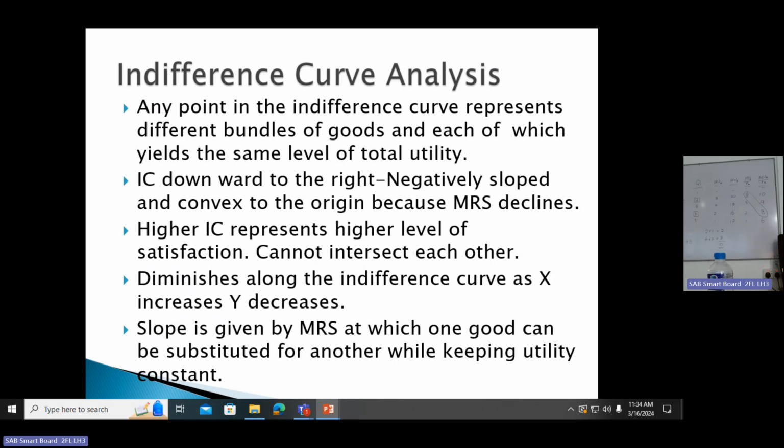So what are the underlying features? Yes, you can see this slide. That is now the indifference curve, explaining the different combinations.